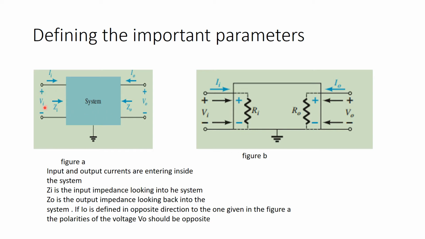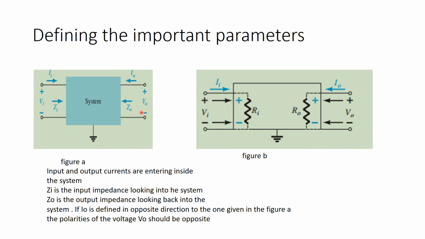When you give an input voltage signal, the circuit will be able to generate an input current, and we will be able to measure the output voltage with output current.